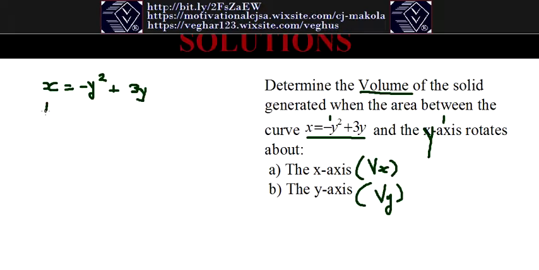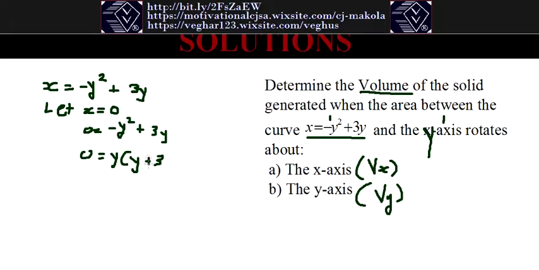We let x equal to 0 and then solve for y. And then you will have something like y equals 0 or y equals 3.